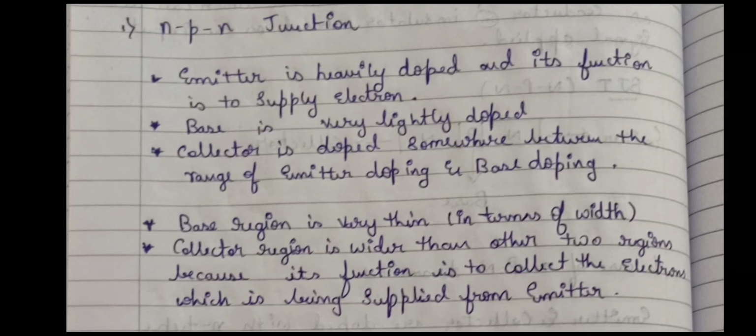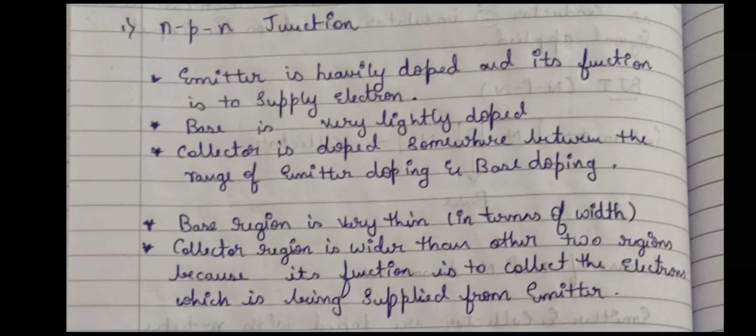As I said, its major function is to supply electrons. So it is n-type, n-type impurities are doped with it, and base is very lightly doped, and collector is doped somewhere between the range of emitter doping and the base doping. So this is the range of doping of the three terminals in the NPN junction.